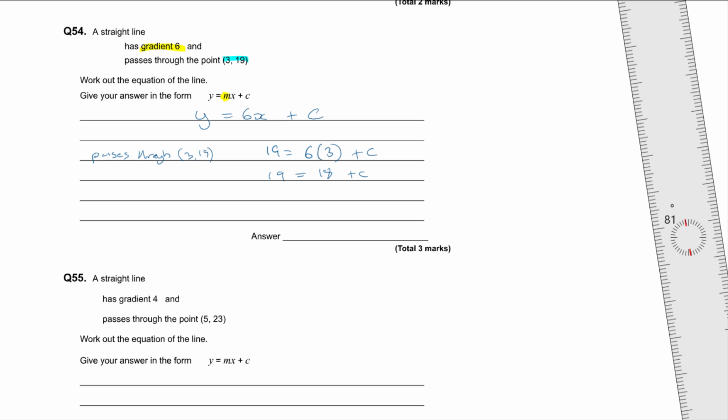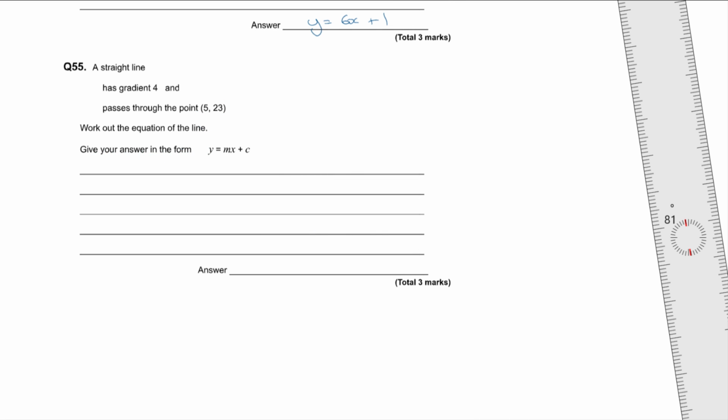So c is 1 basically, isn't it? c is equal to 1, or taking 18 away from both sides. Either way, c is 1. Okay, so I know the gradient is 6, I know the y-intercept is 1, so therefore the equation of the line is y = 6x + 1.